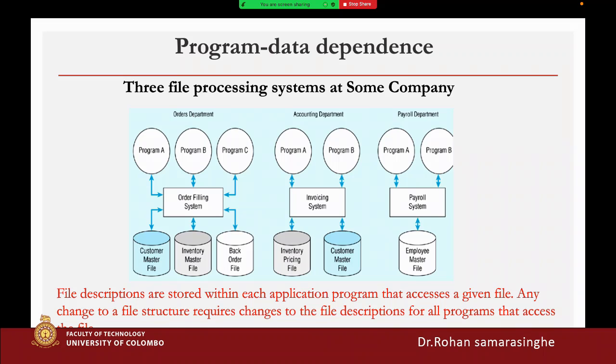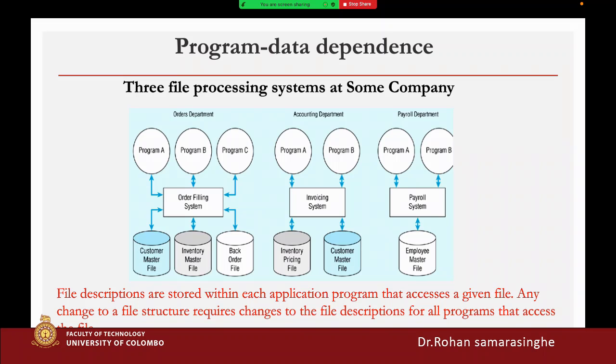The payroll system uses the employee master file. So for different purposes the company uses the order filling system, invoicing system, and payroll system. File descriptions are stored within each application program that accesses a given file.